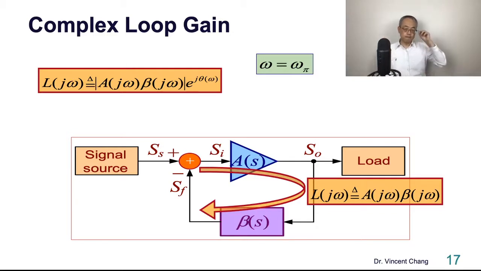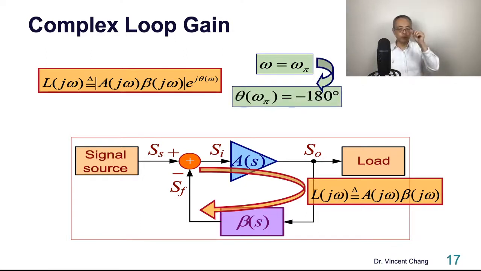Let's say we have a particular specific frequency, omega pi, or omega 180 degree, which means at this frequency, the phase is exactly negative 180 degrees. Make sure you get this right, all right? Okay, let me repeat that.